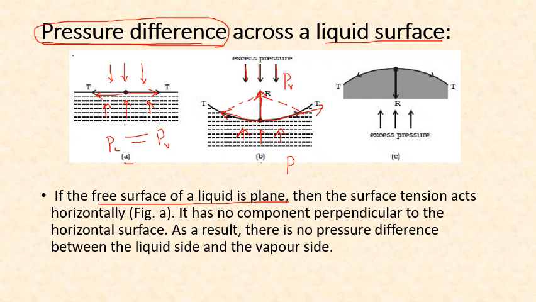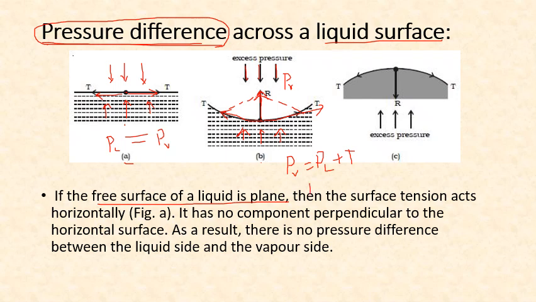That is, the downward pressure must be equal to the upward pressure. Upward pressures here are the pressure due to liquid P_L and the pressure due to surface tension T, because surface tension is also trying to push the molecule upwards. So the vapor pressure will become equal to the pressure due to the liquid side as well as the tension.